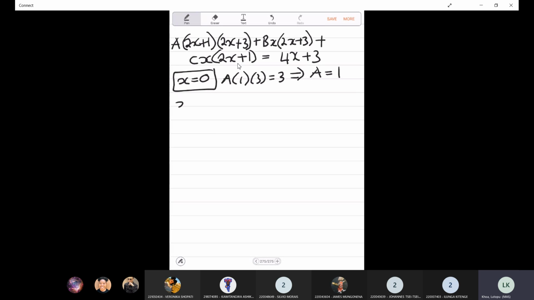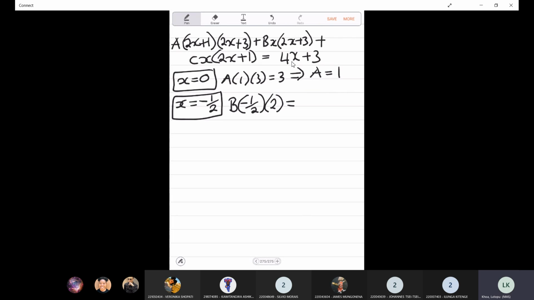And when x is equal to negative a half, this is 0, and that is 0. So we have b times negative a half, and then 2 times negative a half is minus 1. Minus 1 plus 3 is 2.